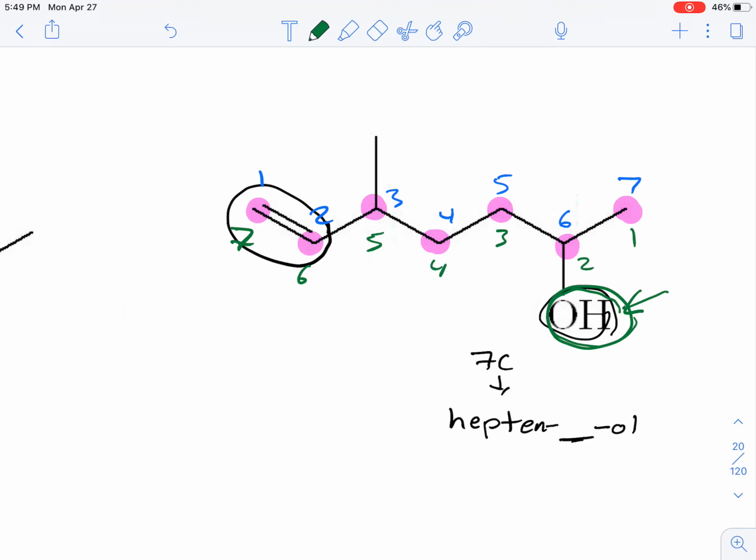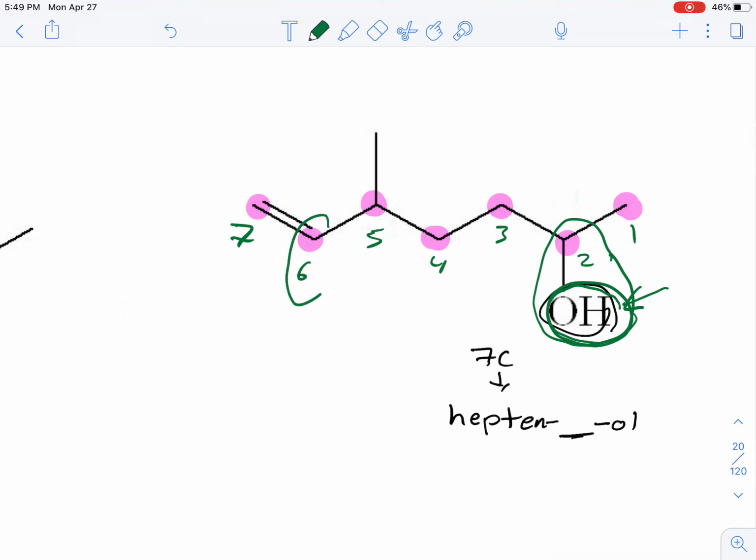And since 2 is less than 6, that means that the numbering system in blue from left to right is incorrect. And so this is telling me that on carbon number 2, I have an alcohol, and on carbon number 6, I have my double bond.